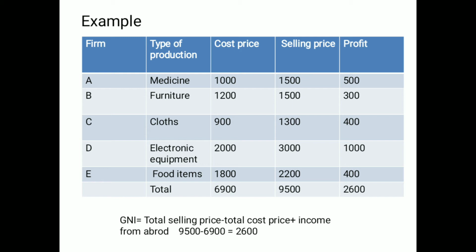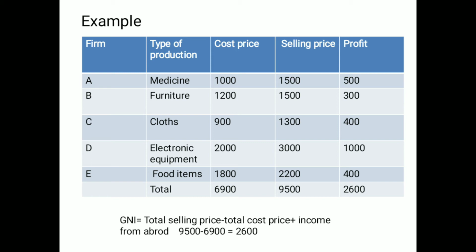Like that, the second firm is furniture. Its cost price is 1200 rupees while the selling price is 1500 rupees. Therefore, the profit would be 300 rupees. The third firm is clothes. Its cost price is 900 rupees while the selling price is 1300. Therefore, the profit is 400 rupees. Like that, the other commodities have also been included.